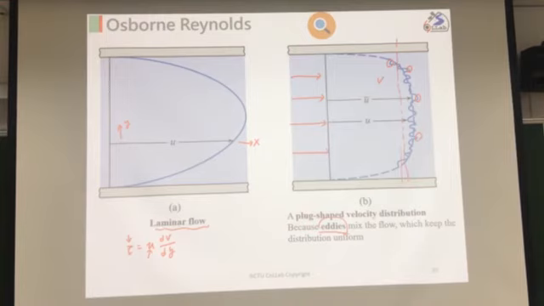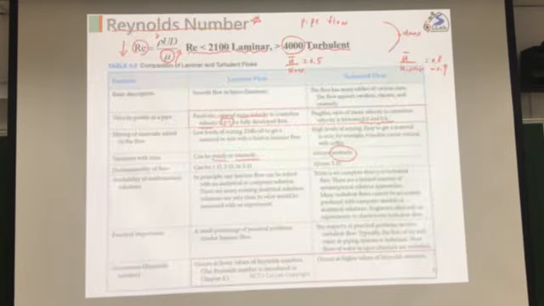So the center line velocity is quite close to the U bar velocity, and the ratio is quite close to 1. This is a very obvious difference between laminar flow and turbulent flow in the velocity ratios.